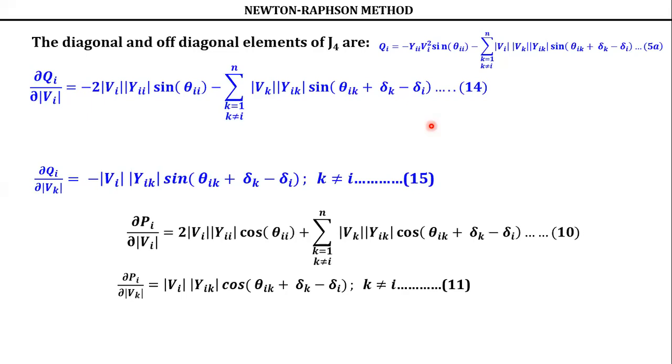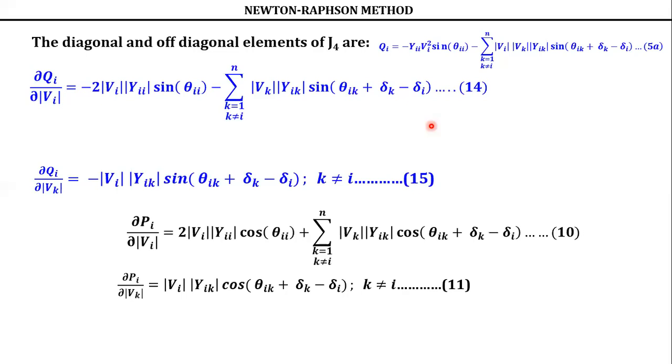All generator buses are called PV buses, but all PV buses are not generator buses. Some PV buses will have capacitor banks without any generator connected at that particular bus. These are the key highlights we have studied.